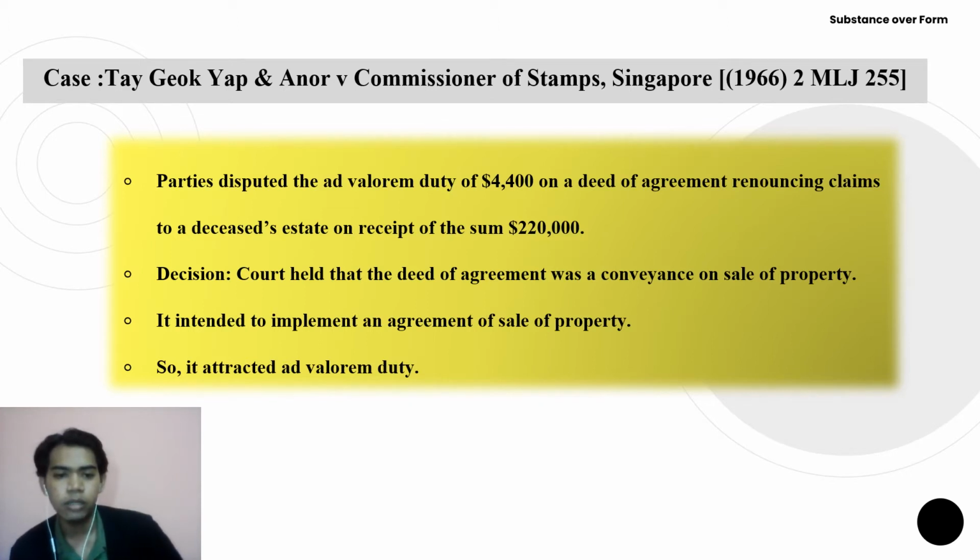The result is that the deed of agreement was a conveyance on sale of property within the meaning of the Singapore Stamp Ordinance, in that it was intended to implement an agreement of sale of property and therefore attracted ad valorem duty.